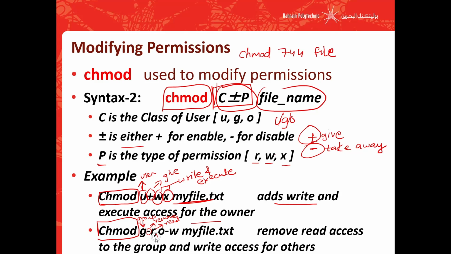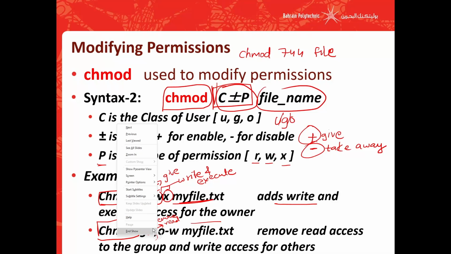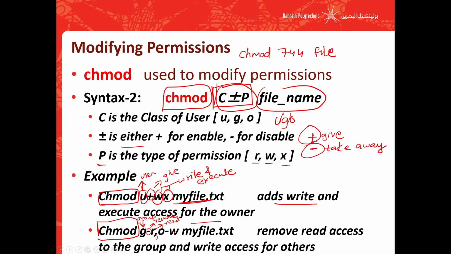Then comma for the next set of permissions. We're saying for others here, O means others. For others, also remove the write permission. Okay, and then on this file. So remove read access for the group and write access for others.